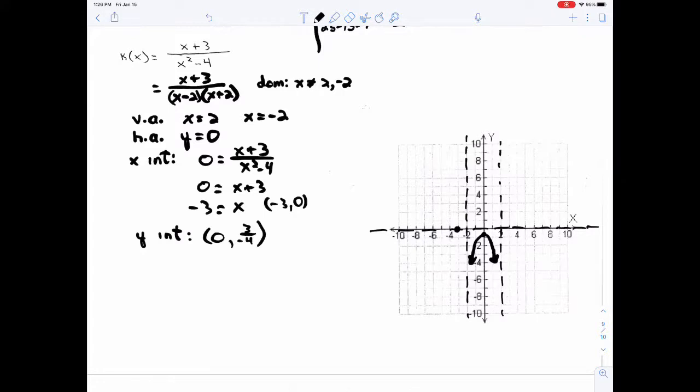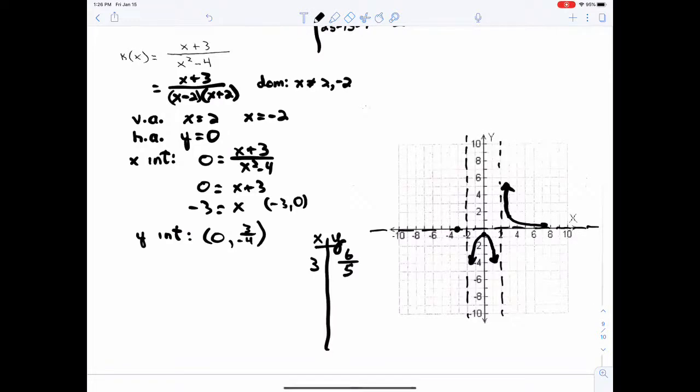Let's go for the right. We have nothing over here on the right as drawn right now, but we do know there's graph over there. So we'll just plug in 3, which is right next to the asymptote, and that'll give us 6 over 5. So we have 3 comma 6/5, and then it probably looks something like this.